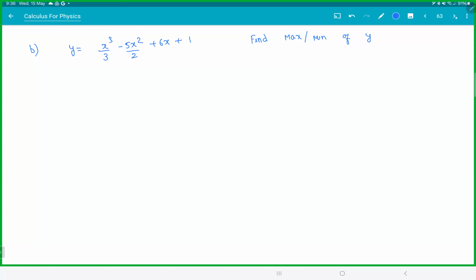Same thing, step 1: dy by dx, x square minus 5x plus 6 is 0. X will be 2 and 3. Double differential will be 2x minus 5. At x is equal to 2, the double differential would be less than 0. So this is a maxima.